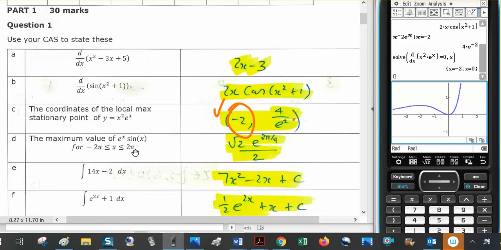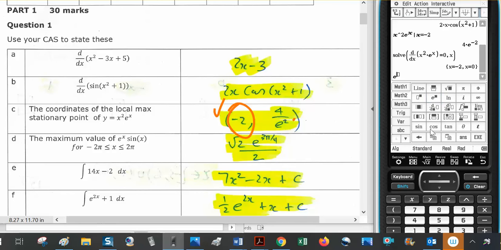In part D, I need to find the maximum value of this. So I've got e to the x times the sine of x. Press X, make sure that it's all correct. It is.